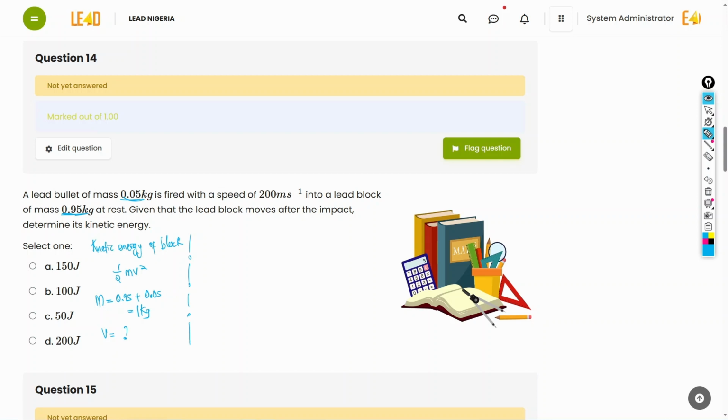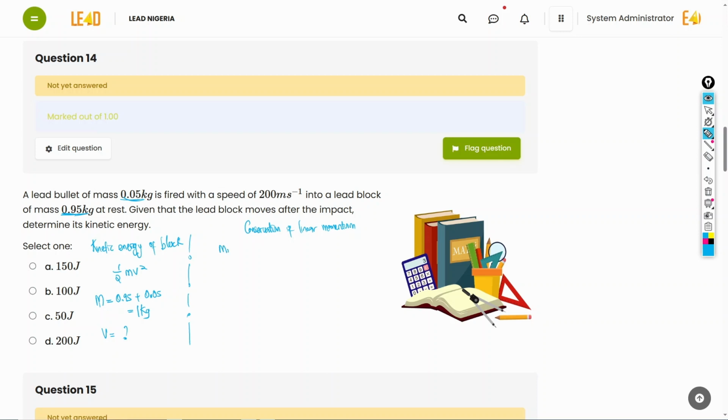We have to use the law of conservation of linear momentum, which states that total initial momentum would be equal to total final momentum.